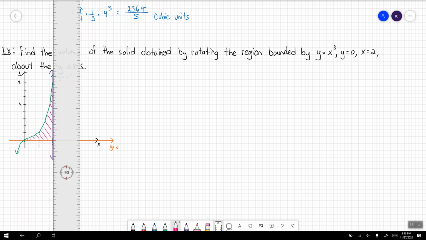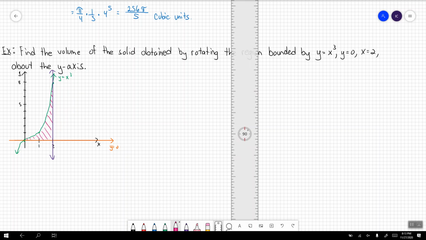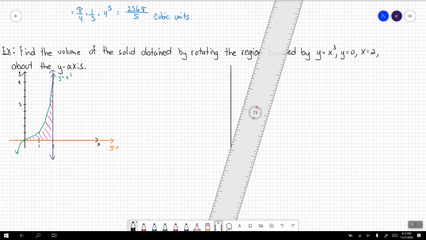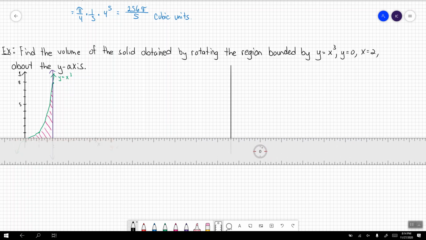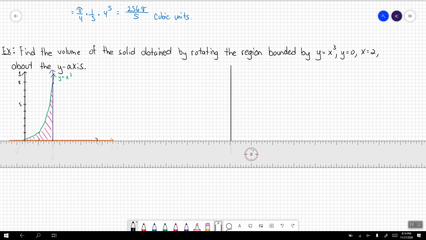So again, I'm just going to go through on this right-hand side, and I'm going to recreate my picture, but now using the rotation that we want to see about the y-axis. So naturally, I'm going to use my x-axis a little bit longer in both directions.